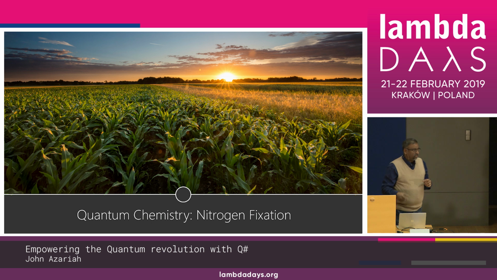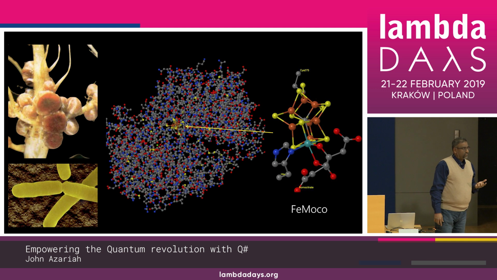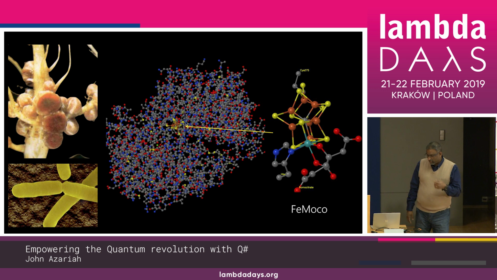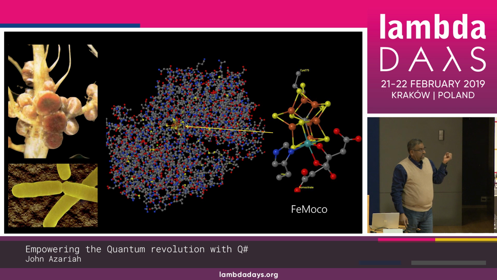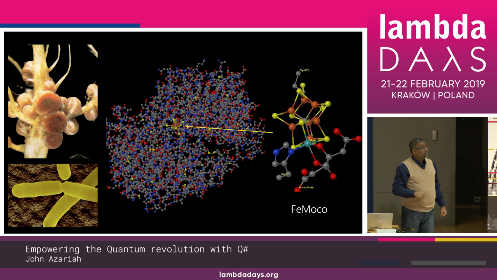Now, why is this molecule interesting? It's because before the Haber-Bosch process, if you wanted to make a field fertile, you grew beans in it. And in the root of the bean plant, which is over there, you find parasitic nodules. And in those nodules, you will find some bacteria.